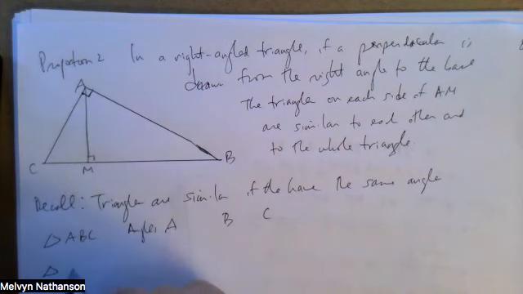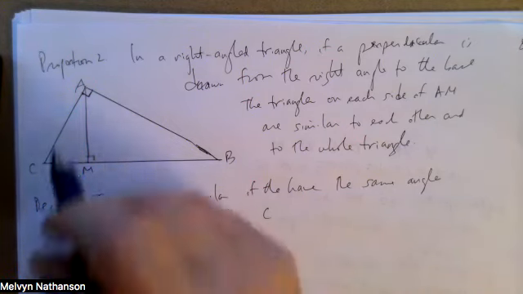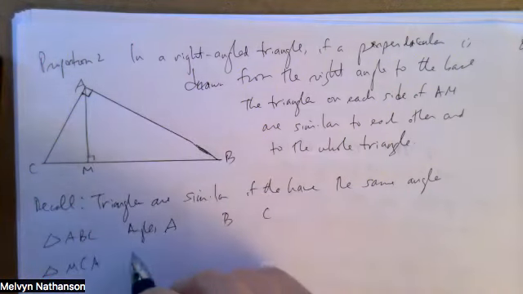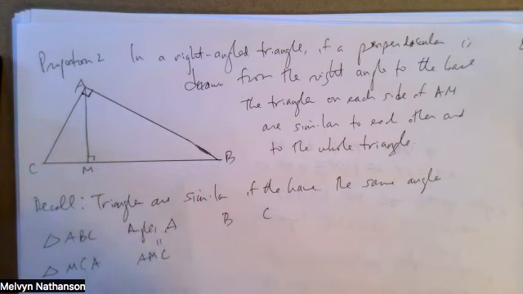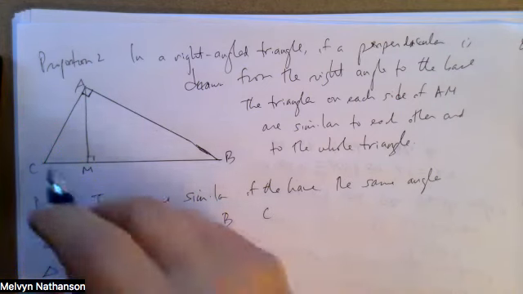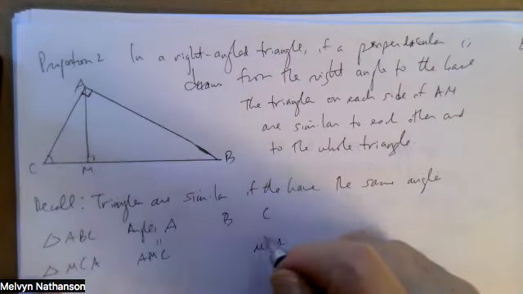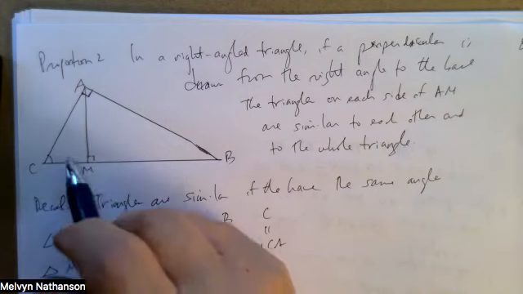Suppose we look at triangle MCA. So in this triangle, angle AMC is a right angle, so it's the same as A. Angle C, which is MCA, that's angle C, that's the same. What's the third angle in this triangle?